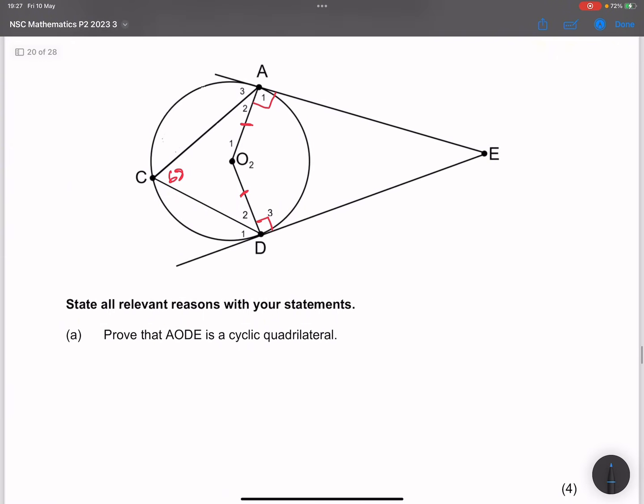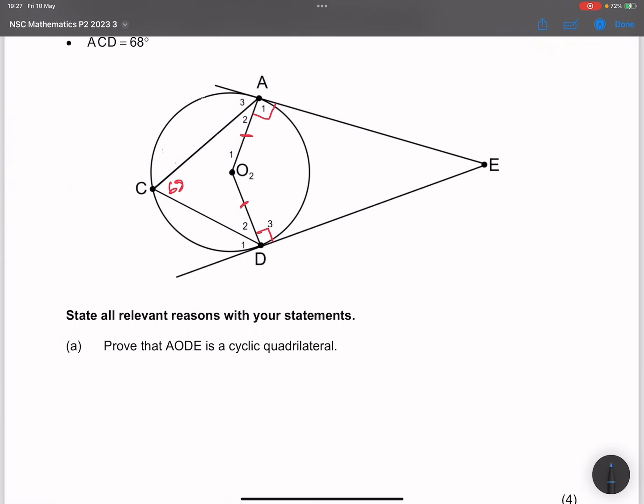So I'm going to say A1 is equal to 90 degrees, because tan perpendicular to radius. And again, angle ODE is equal to 90 degrees as well, for the same reason, tan perpendicular to radius.